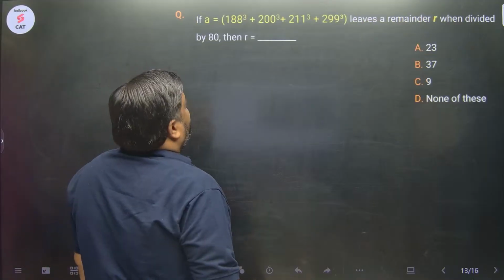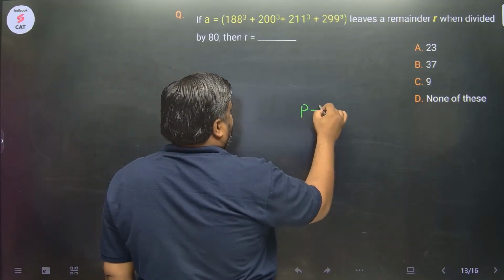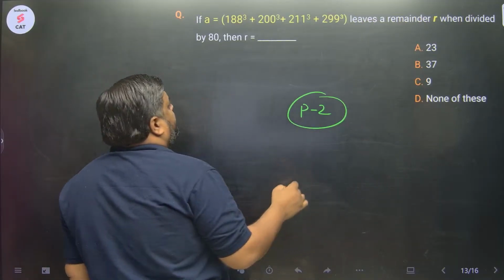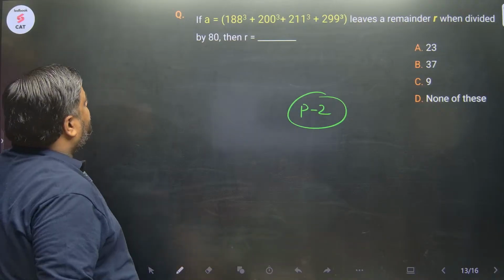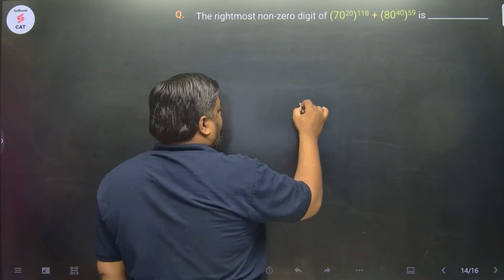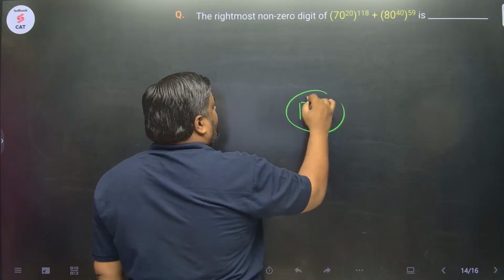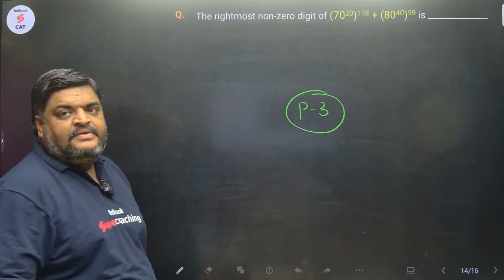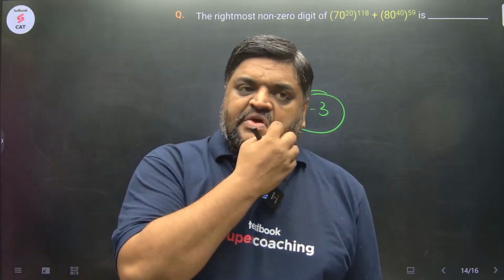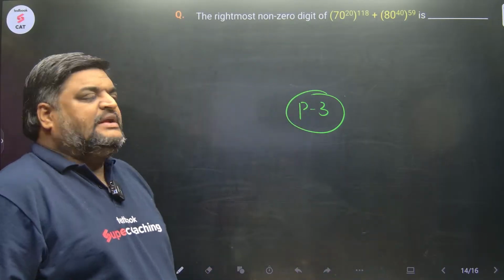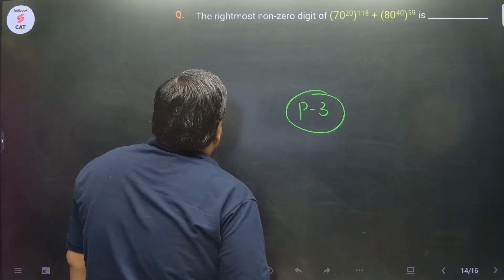This is practice question 2. Attempt it, give the answer in the comment box. And this is practice question 3. These are from number system. You have to attempt these 3 questions and put your answers in the comment box.